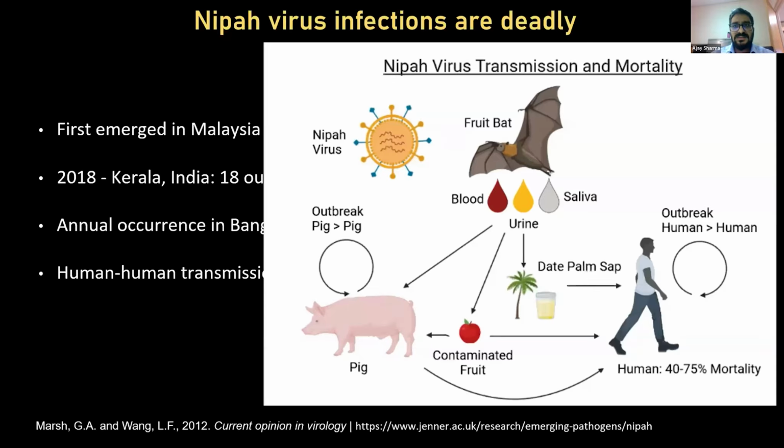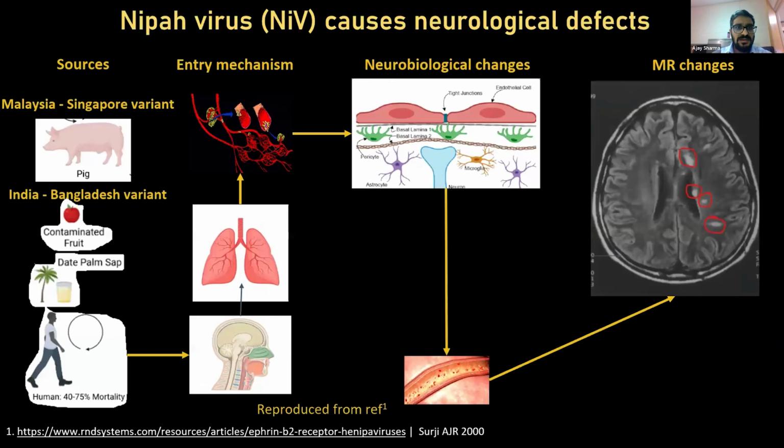Initially it started with pigs and fruit bats, but now human to human transmission is feasible. You can see the sources, from the Malaysian variant to India and Bangladesh, and when the infection occurs, it affects neurological functions.